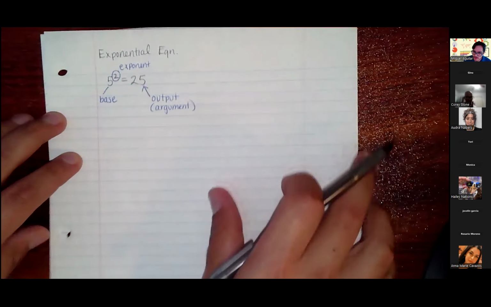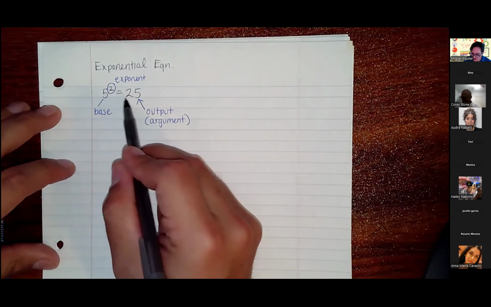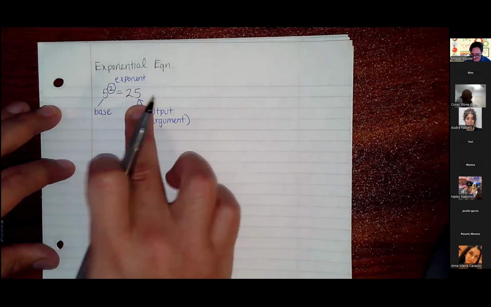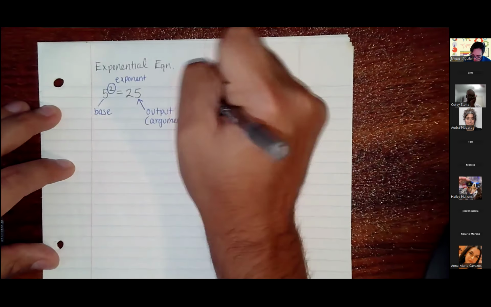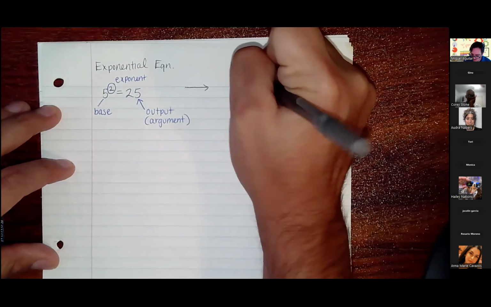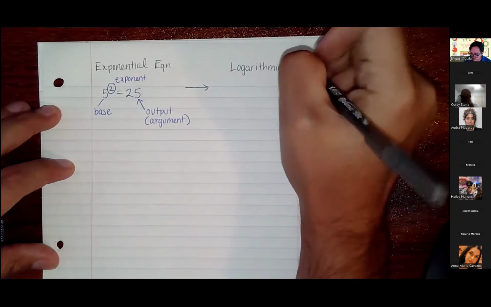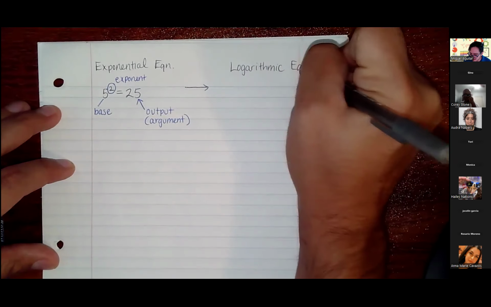So what we want to be able to do is take this expression, 5 to the second power equals 25, which should be no surprise to anybody as a true statement, and write it as a logarithmic equation, or just a log equation, if you want to abbreviate it.